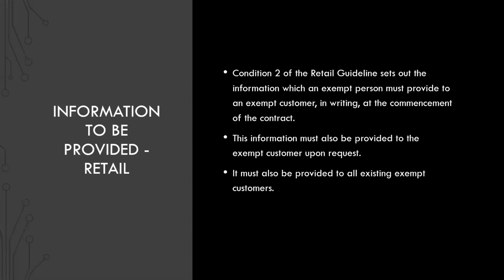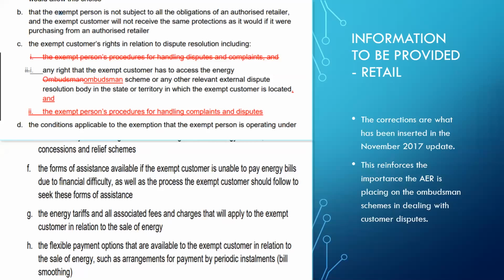So, yeah, we've already spoken about this, that the information must be provided at the commencement of the contract and provided on request. As you can see from this slide, this one is actually from the November draft, although that is operating now. We thought it was worthwhile to show you the amendments because it simply highlights the importance that the regulator is putting on the ombudsman schemes within exempt networks.